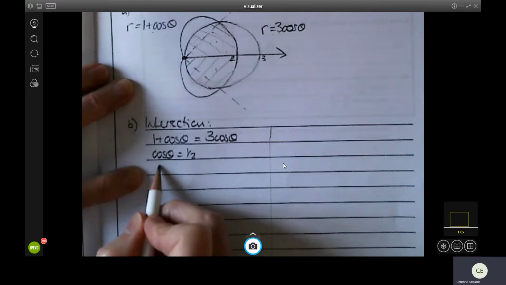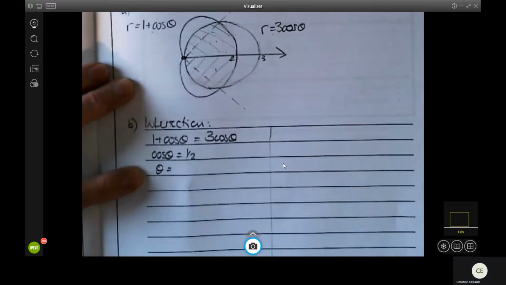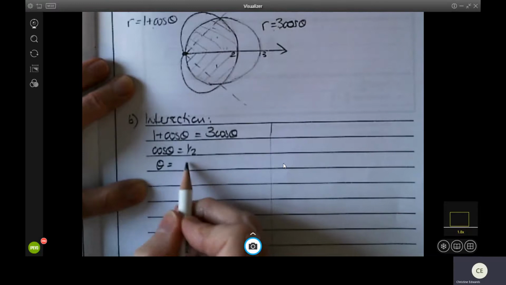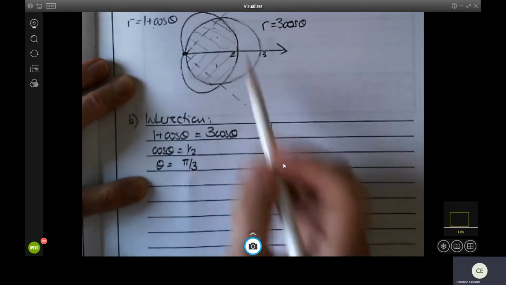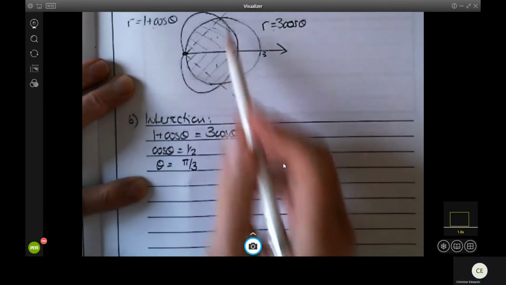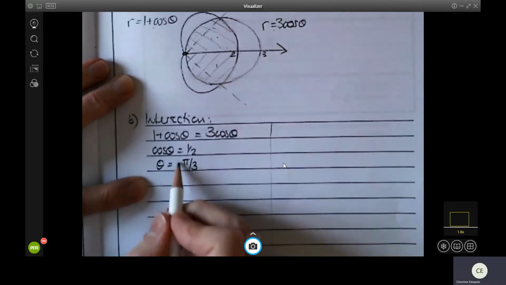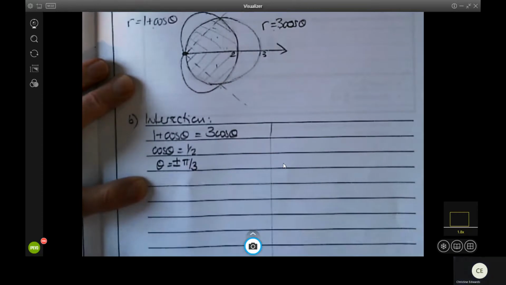So that gives me theta equals the initial value of pi over 3. And looking at the curve, I'm going to want this one down here, aren't I? So that's going to be minus pi over 3. So my 2 values that I'm going to need are plus and minus pi over 3.